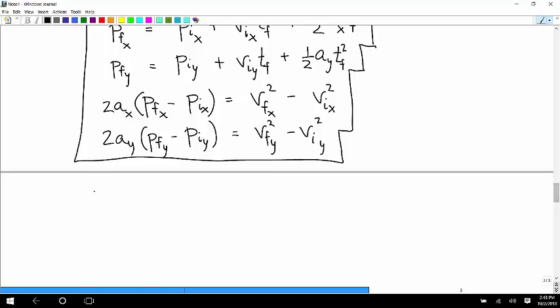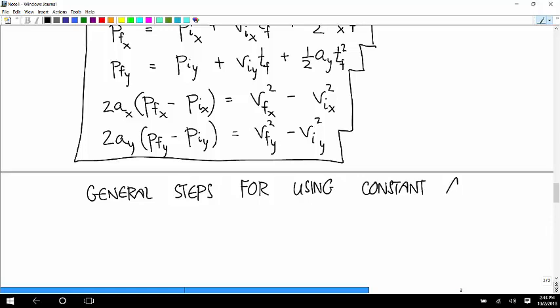All right, so here is a general set of steps for using the constant acceleration equations in 2D.